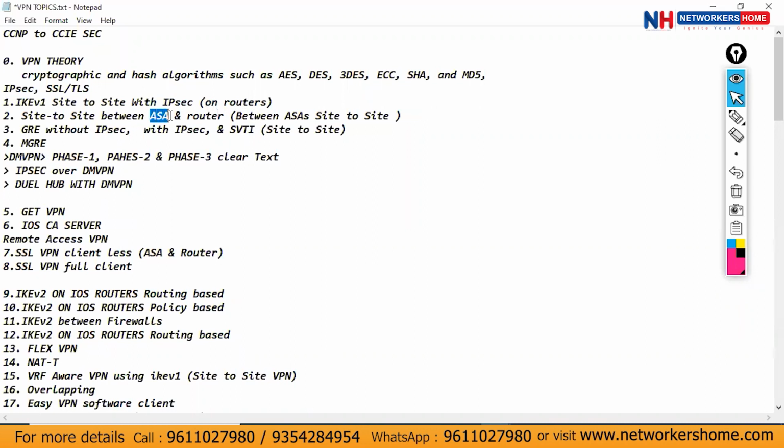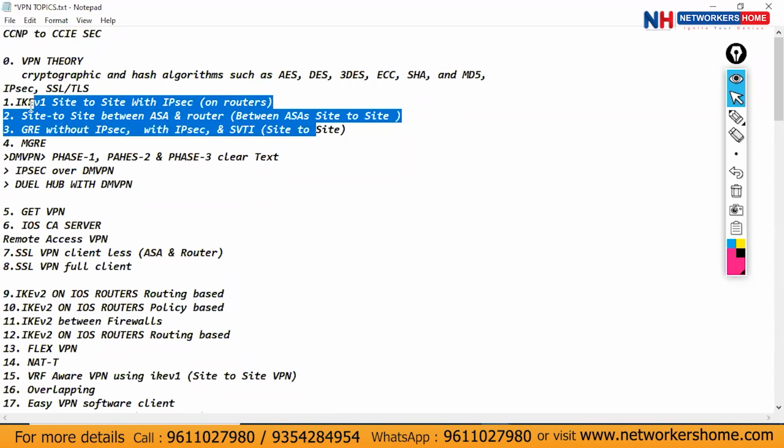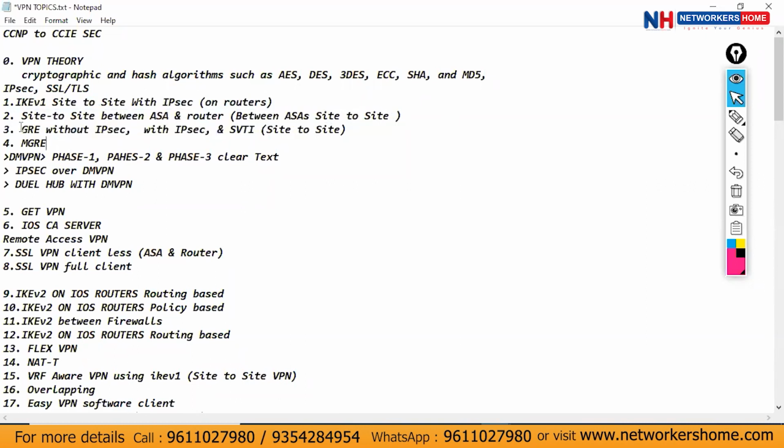If you know how to configure an ASA, then you can deploy the other side also as an ASA. So that's your creativity. I'll show you how to configure the ASA on one side. Once you have seen that, you can replace the other side's router with an ASA. So that will be your creativity task. Multiple tasks are hidden here, which I'm not counting as a number.